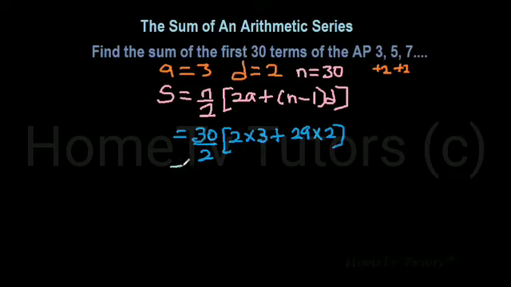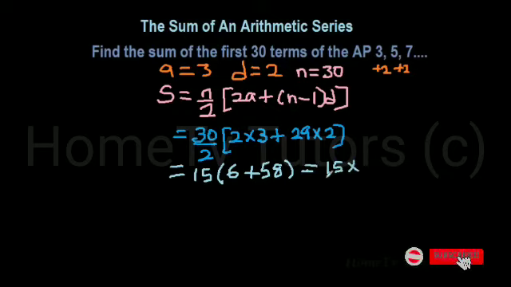Now we continue to simplify. 2 in 30 is 15. 2 times 3 will give us 6, then plus 29 times 2, that will give us 58. So now we have 15 times 6 plus 58, that will give us 64.